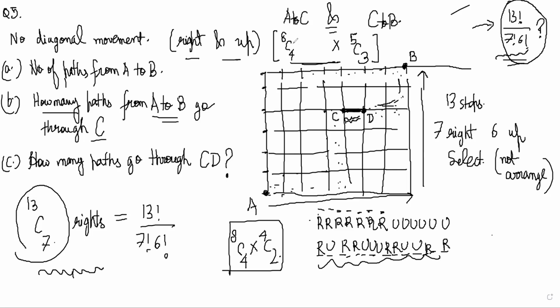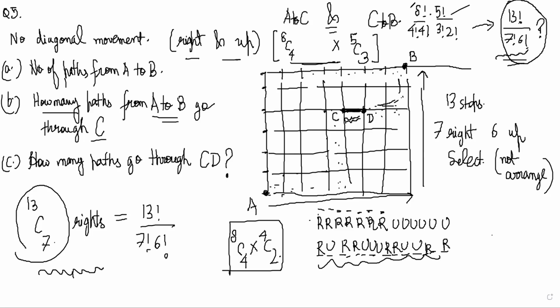See, the total number of paths was 8C4 into 5C3 here, right? So 8C4 into 5C3 was how much? Find the value of that once. That will come out to be 8 factorial by 4 factorial into 5 factorial by 3 factorial 2 factorial.